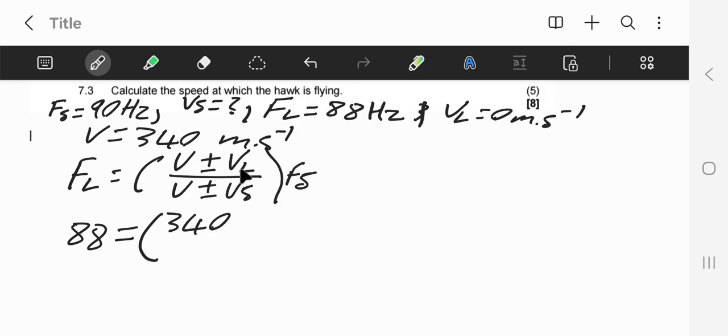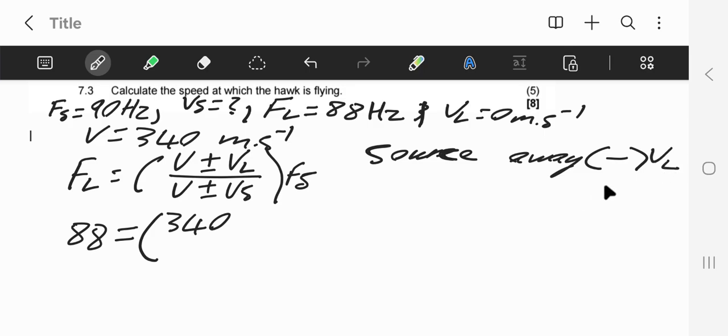Then we have to choose the sign for the velocity of the listener. And remember that here our source is moving away, and if our source is moving away, that means the velocity of the listener has to be negative.